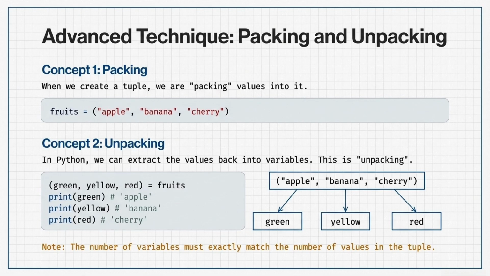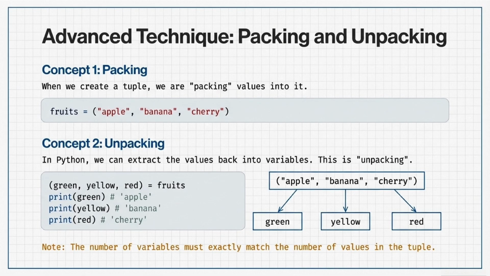Printing these variables confirms the assignment, with green displaying apple, yellow displaying banana and red displaying cherry. It is important to note that the number of variables used for unpacking must exactly match the number of elements in the tuple. Otherwise, Python will raise an error. This feature makes tuples especially powerful for clean and readable multiple assignments.